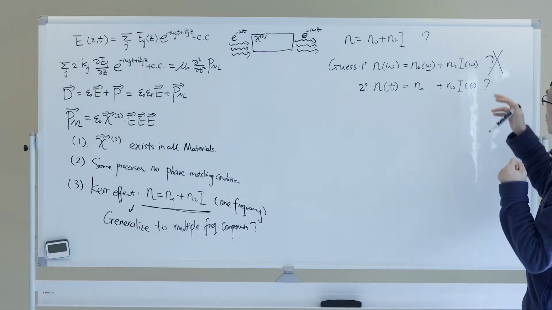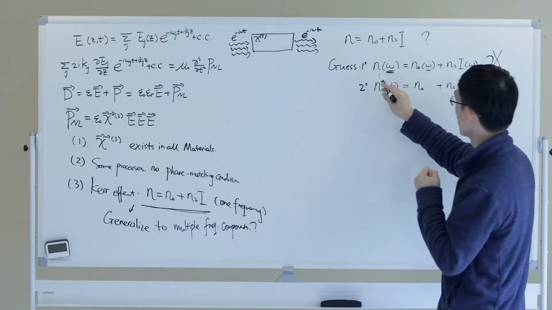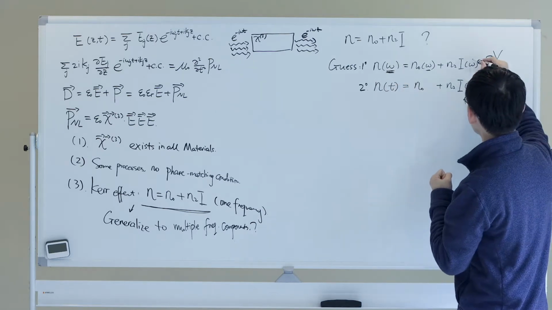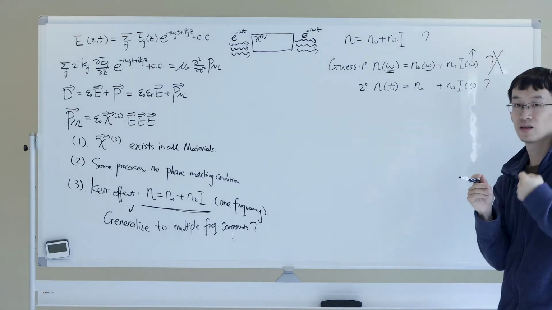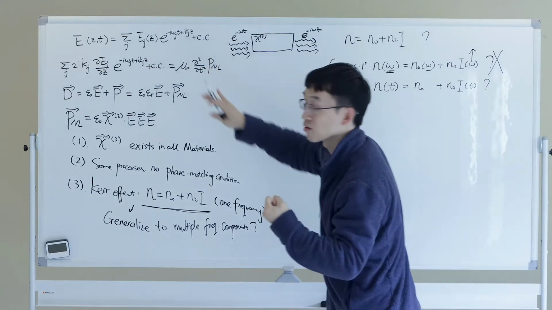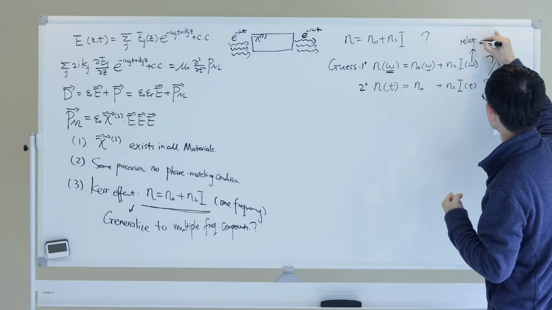So the refraction index at frequency omega cannot only depend on the omega components itself. It must be related to other frequencies.